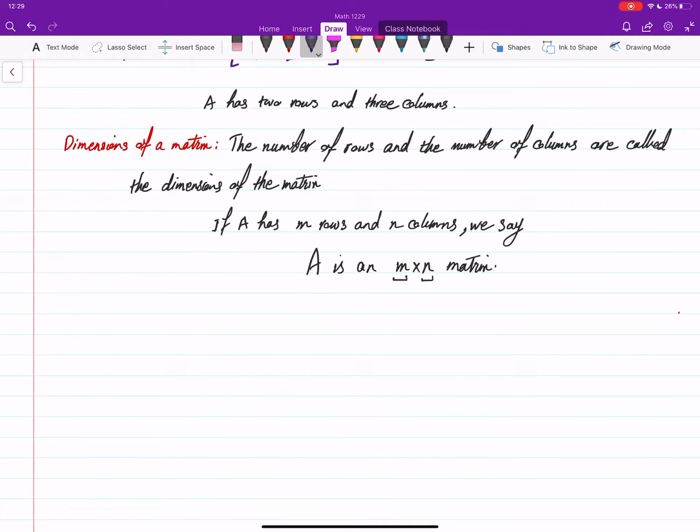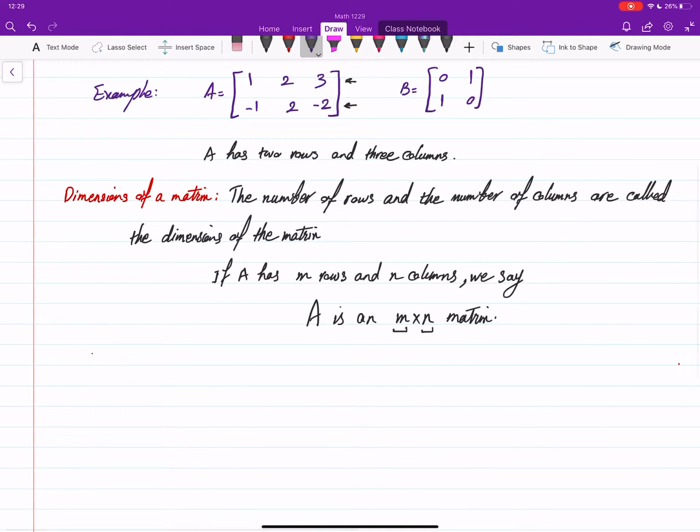In our example, A has 2 rows and 3 columns, so it is a 2 by 3 matrix.